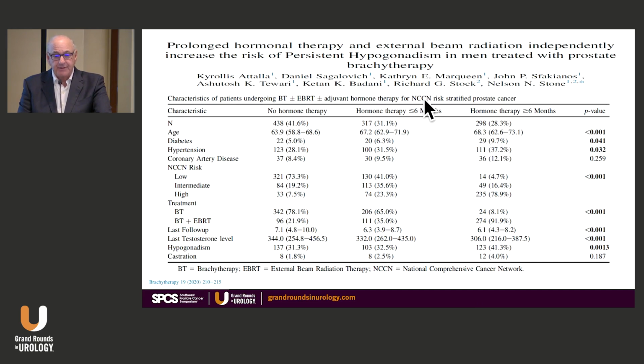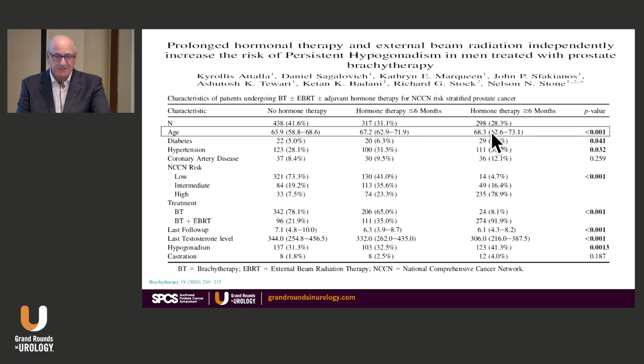Okay, what's the price that we pay when we give hormonal therapy? We've had a lot of patients with hormonal therapy, and when you look at the groups, no hormones, 6 months or less, more than 6 months of hormonal therapy, you see that age is a variable. So these are the entry criteria.